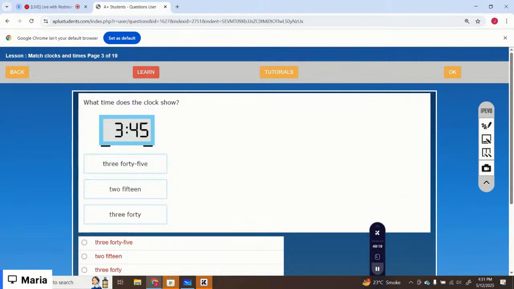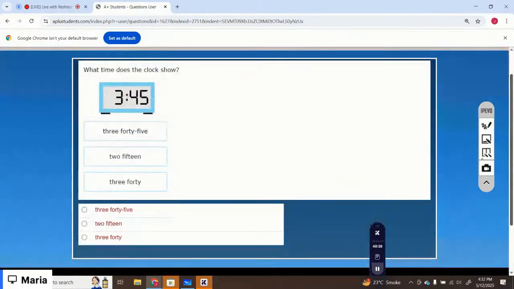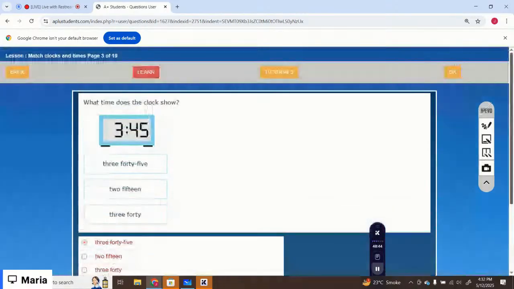What time does the clock show? That is 3:45. Option number one is the correct option.